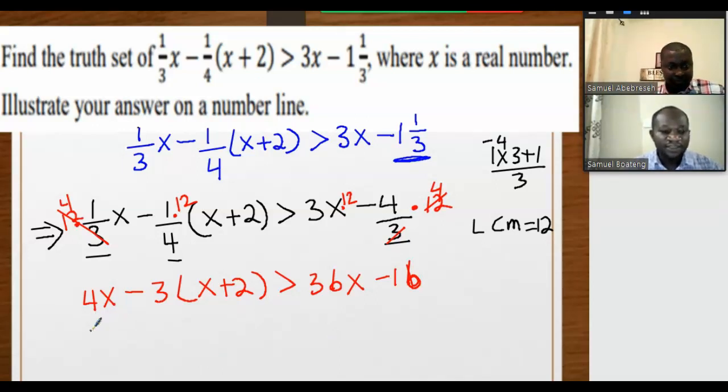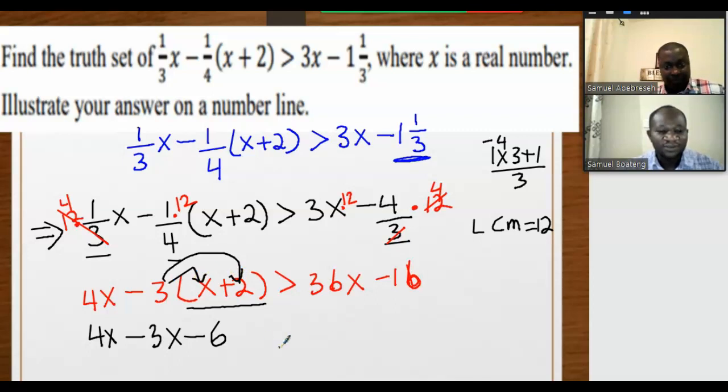There is a bracket. So we need to get rid of the bracket. So 4x minus, let's expand, minus 3x, and then minus 6. Yes, minus times greater than 36x minus 16.